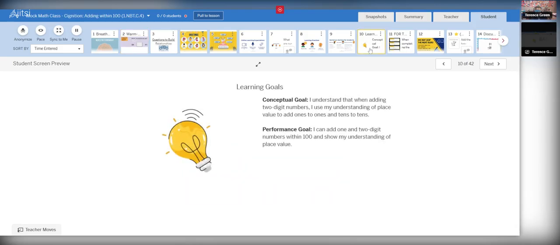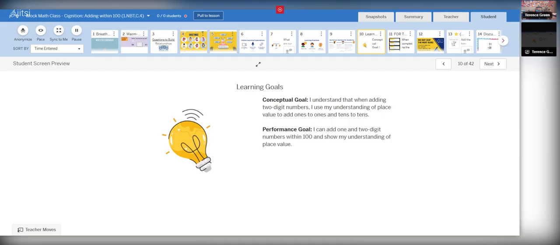Now, as we go into our next one, we're going to think of things from two different perspectives. We have a conceptual perspective with a goal, and a performance perspective with a goal as well. For our conceptual goal, we want to understand that when adding two-digit numbers, you can use your understanding of place value to add ones to ones and tens to tens.